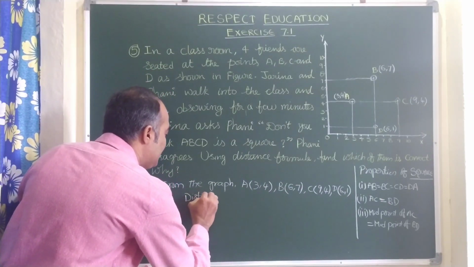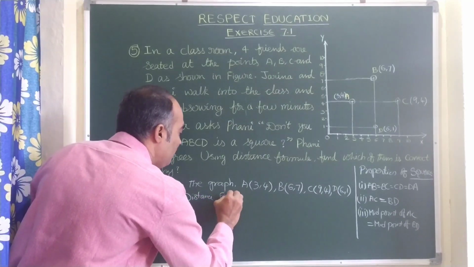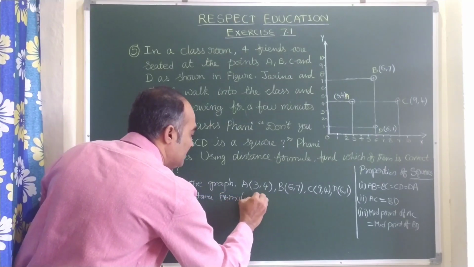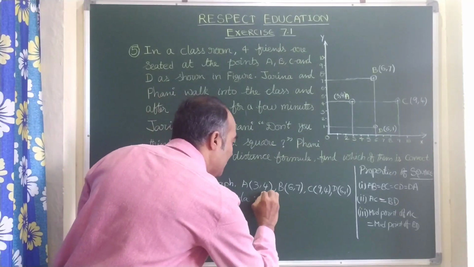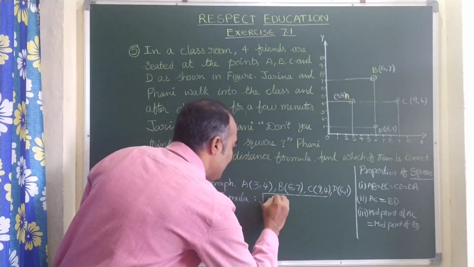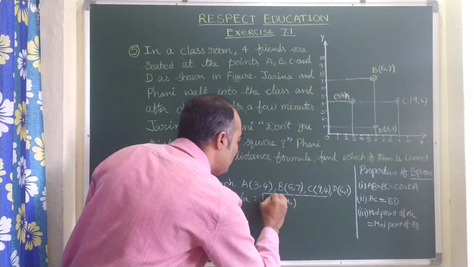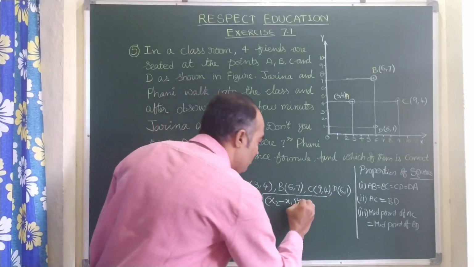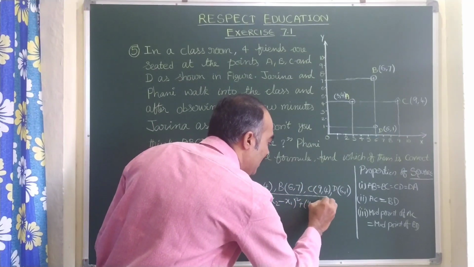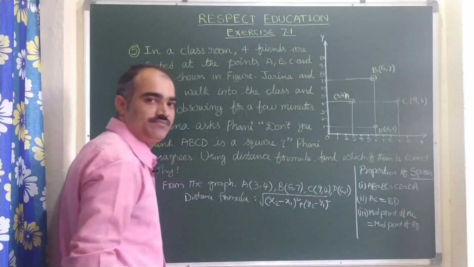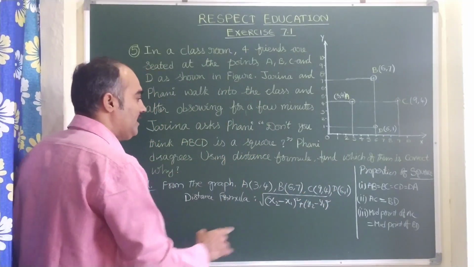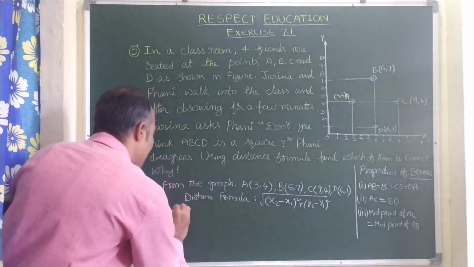Distance formula is nothing but under root x2 minus x1 whole square plus y2 minus y1 whole square. Let us find first AB.